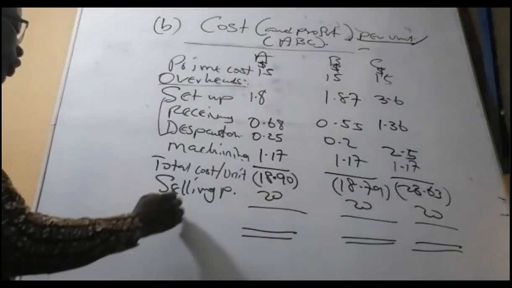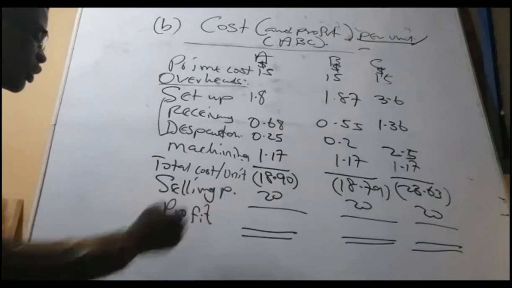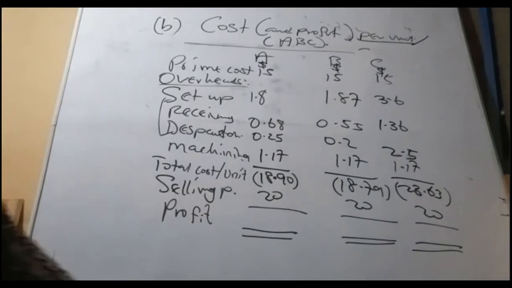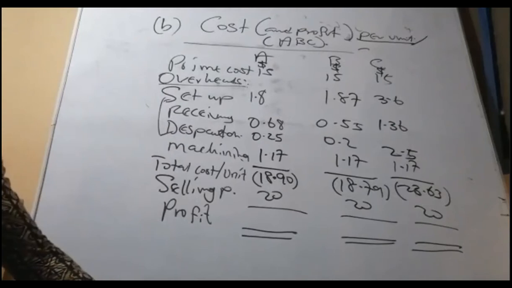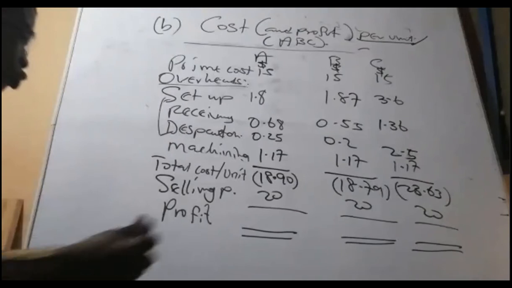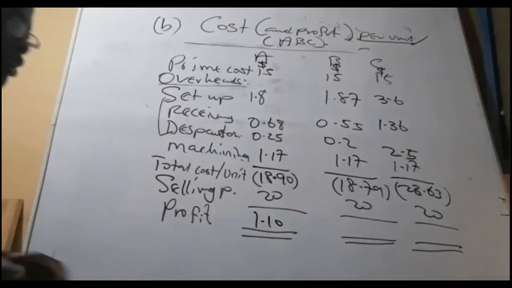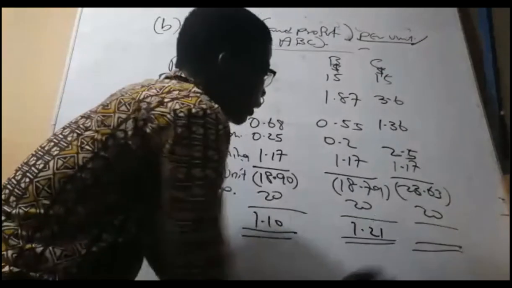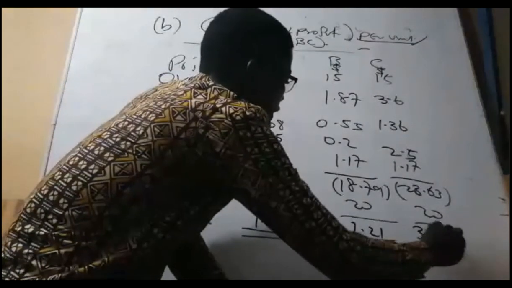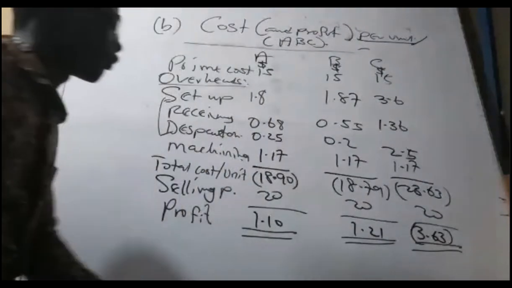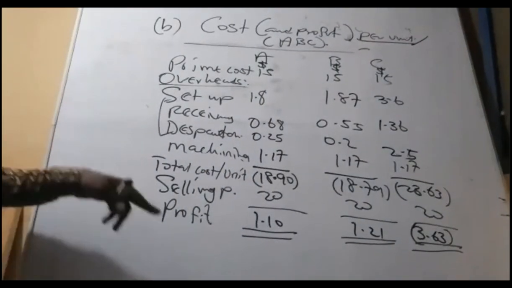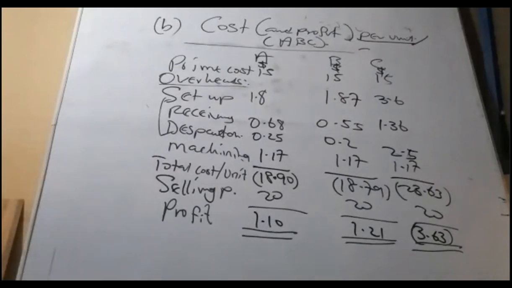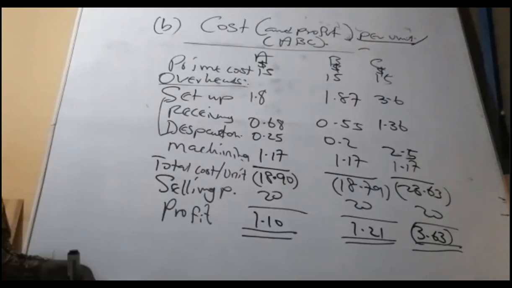So 18.90 is taken from 20, and that will give us 1.10. Then 1.21. That gives us 3.63 loss. Meanwhile, under the absorption, the first one had a loss. Good. So that is the calculation.